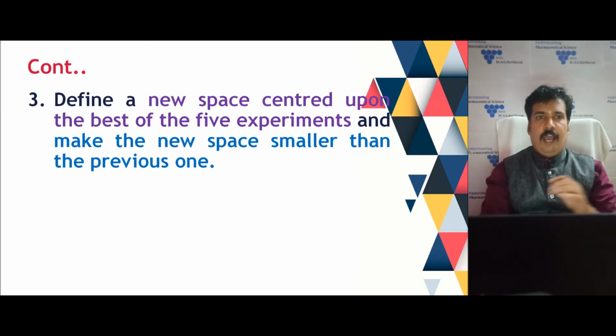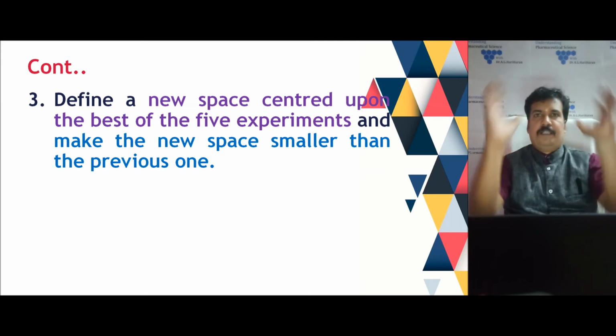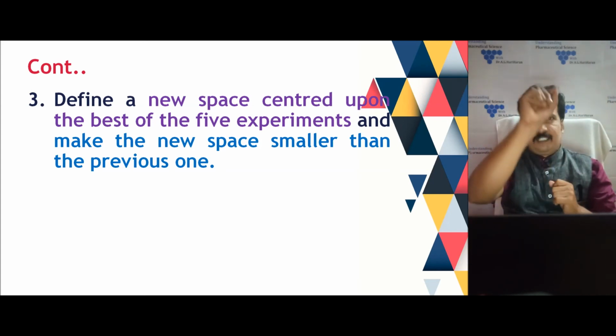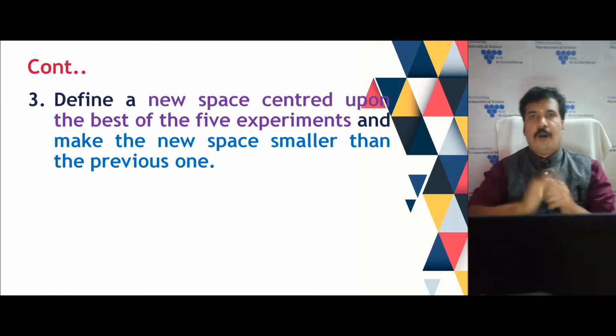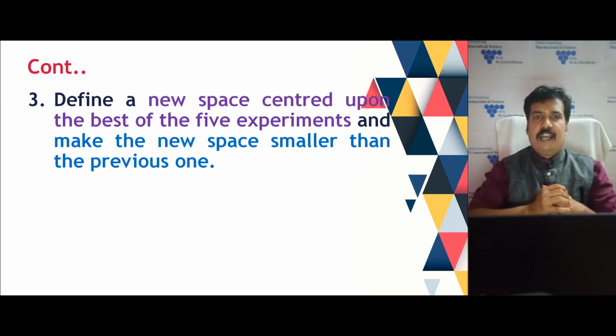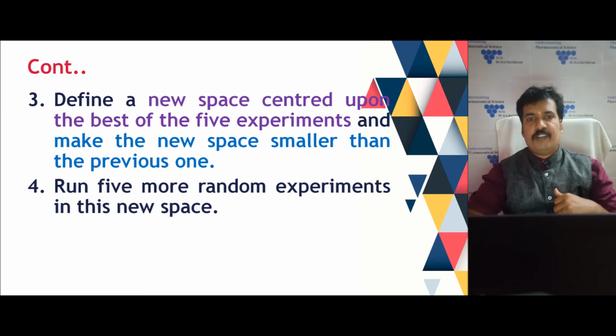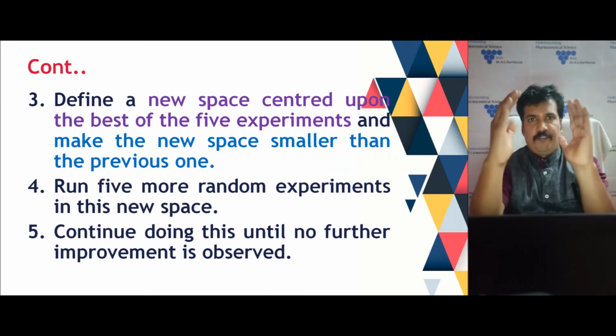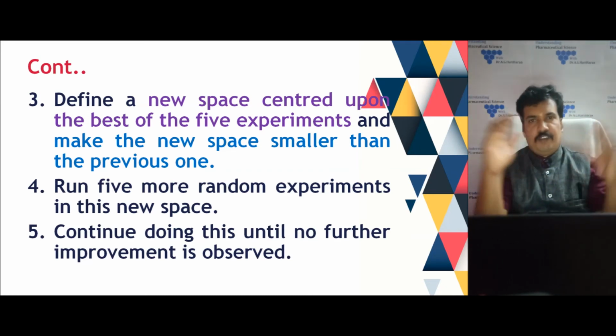After that, we concentrate this big space to a smaller space by selecting another 5 points inside it and running another 5 random experiments in this new space. Then we get another area, which we reduce further and run again.